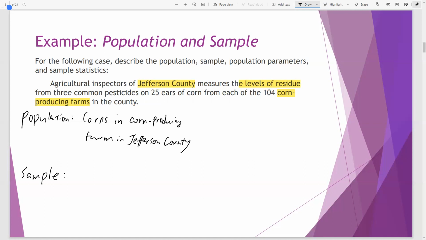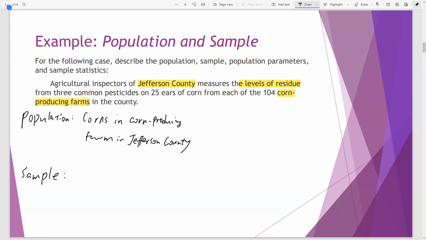As long as they want to find the level of residue, how to do that is from 3 common pesticides. But they cannot observe all the corn in those producing farms.